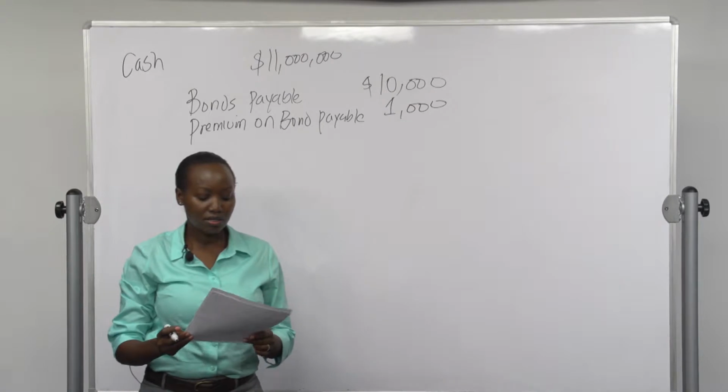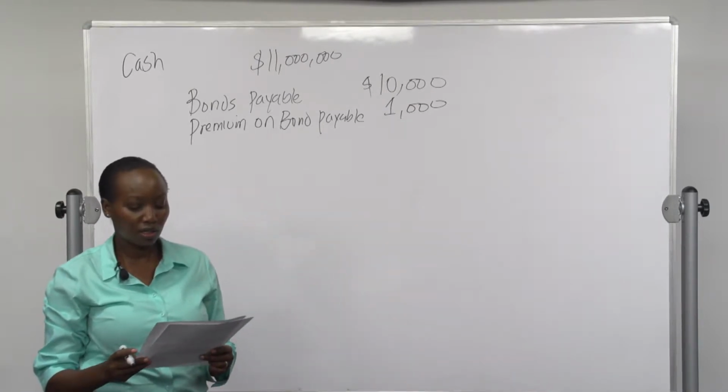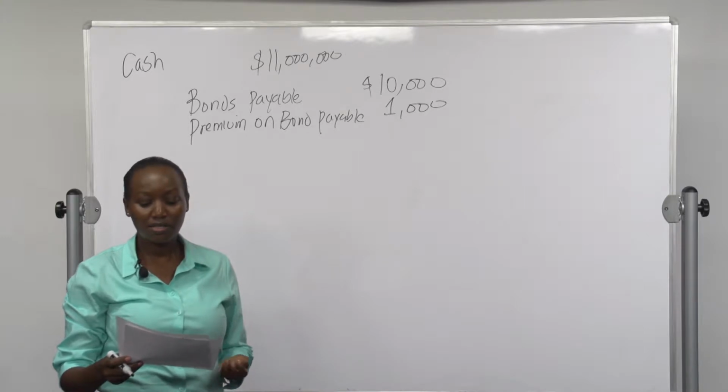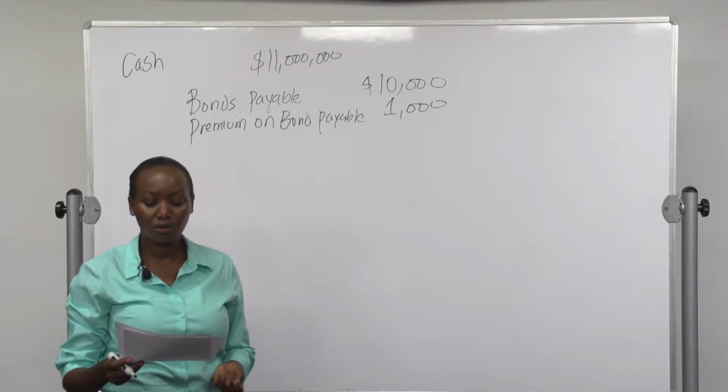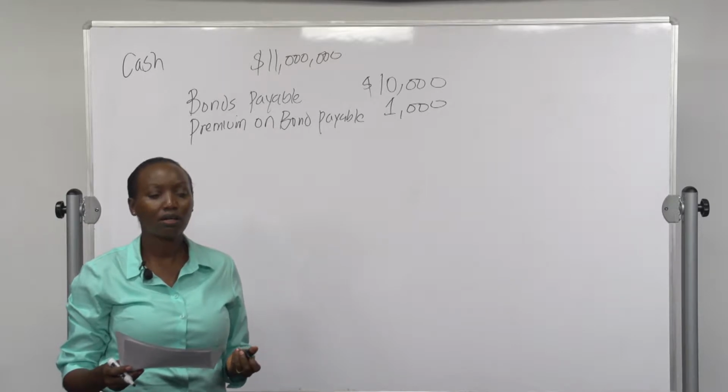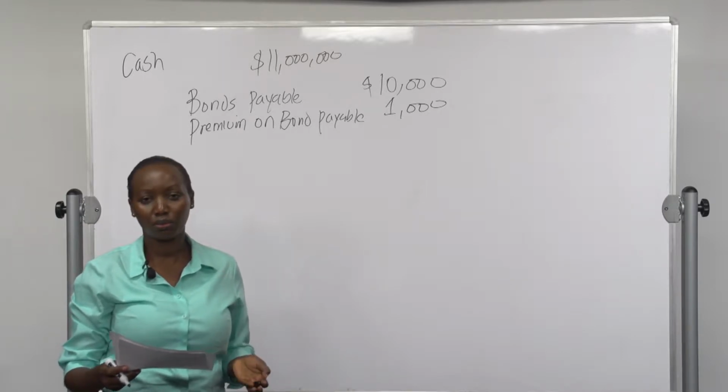Now for the second requirement, we need to prepare the journal entry for the exercise of the conversion. The conversion was with only 40% of the holders of the bonds.